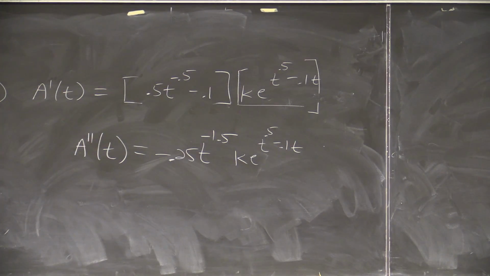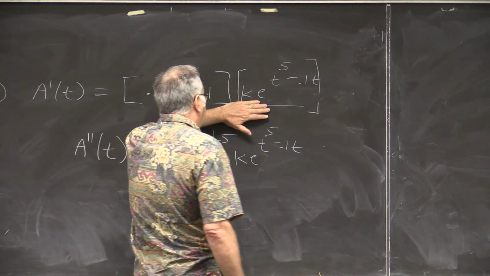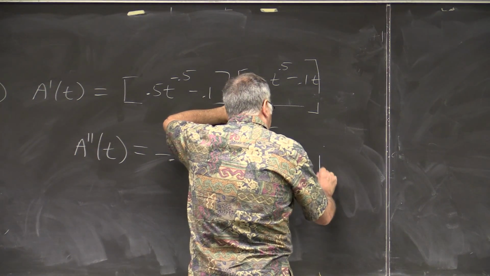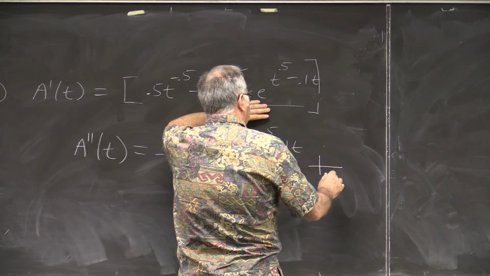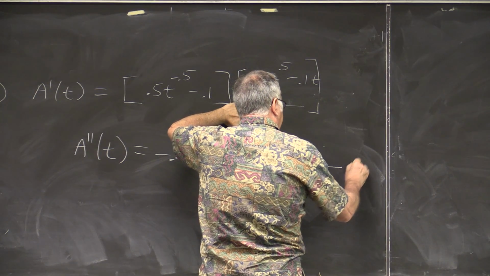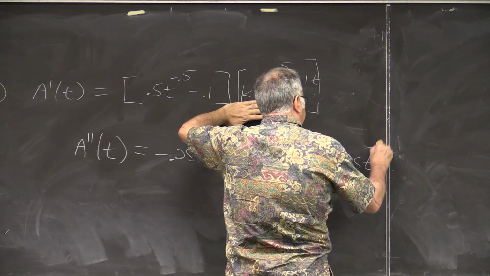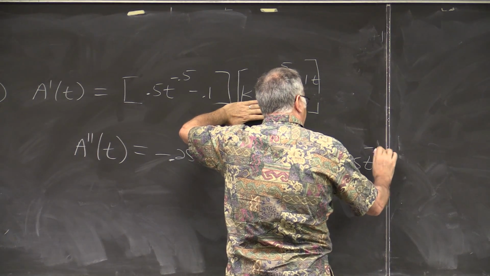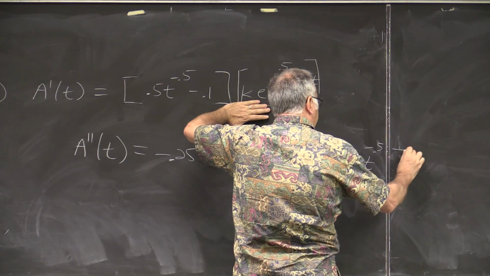Plus what? The derivative of the second. Yeah, the derivative of the second term with respect to t, which Brianna is, we'll put our plus here. 0.5 t to the negative 0.5, minus 0.1.